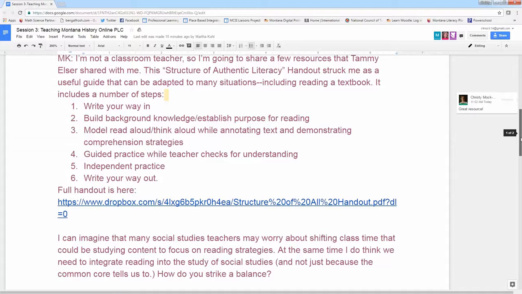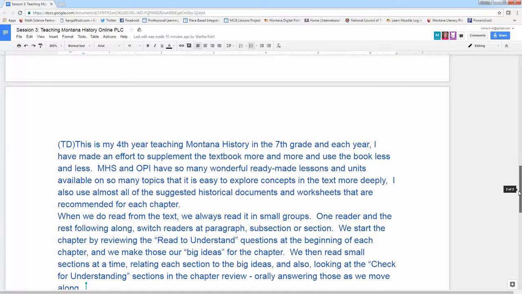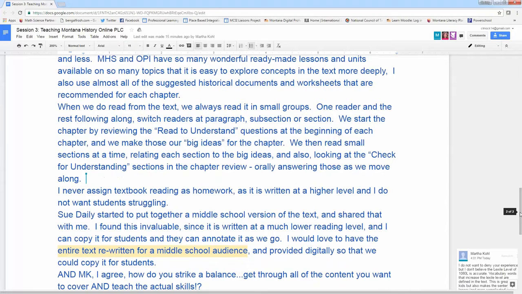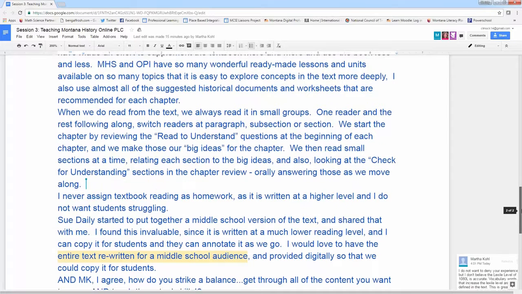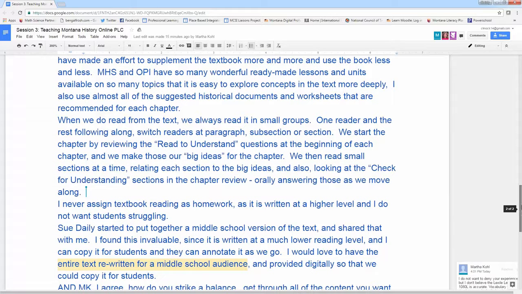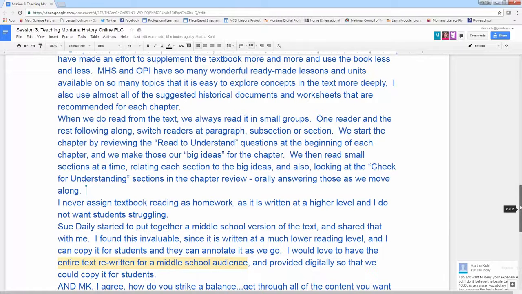We also have some responses, and one common theme was, how do you find the time? How do you make sure that students are understanding and comprehending what they're reading without overwhelming them, yet keeping that challenge? I think there are some really great answers in here.